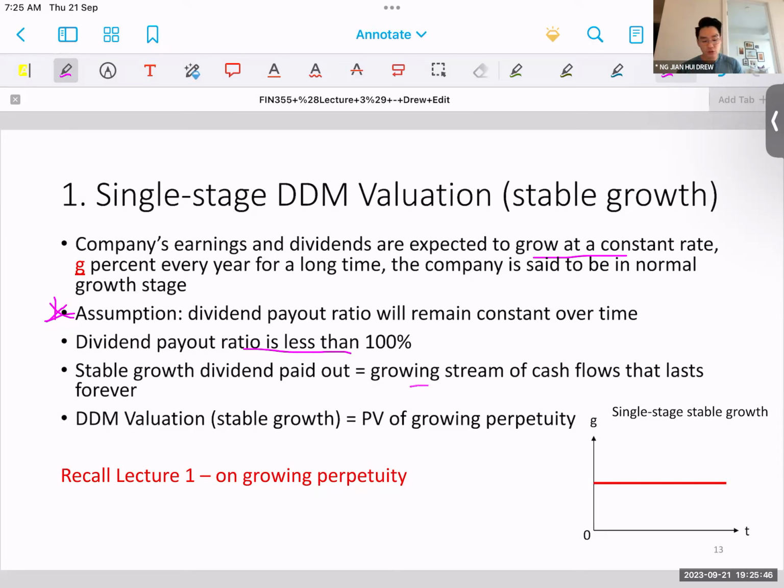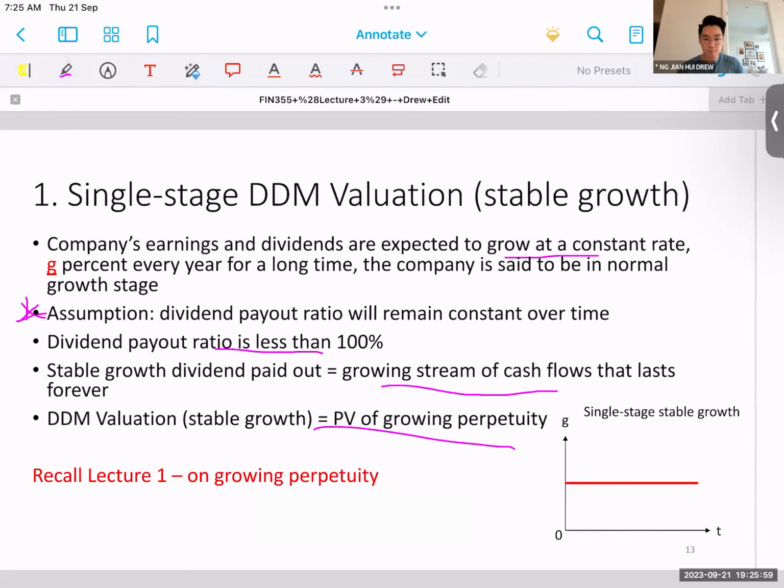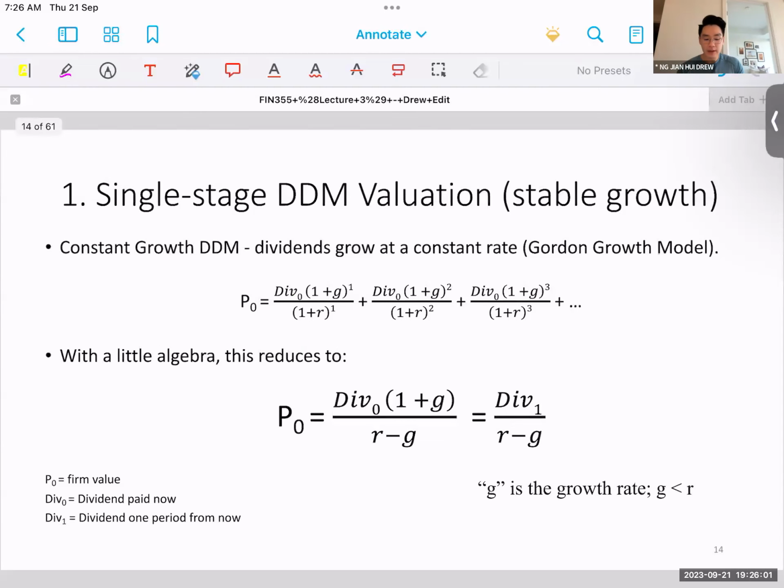Okay, so the stream of cash flow grows forever at a stable rate. And because it's growing, we just use the PV of the growing perpetuity. So this is just a recap.